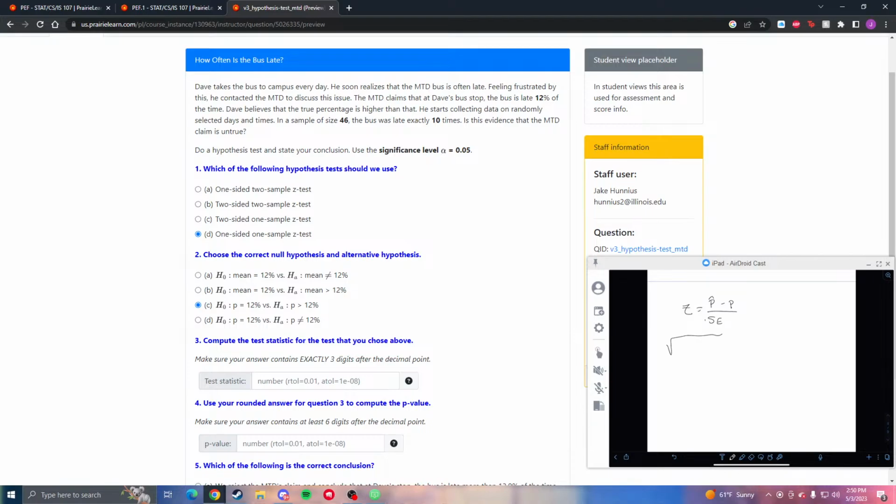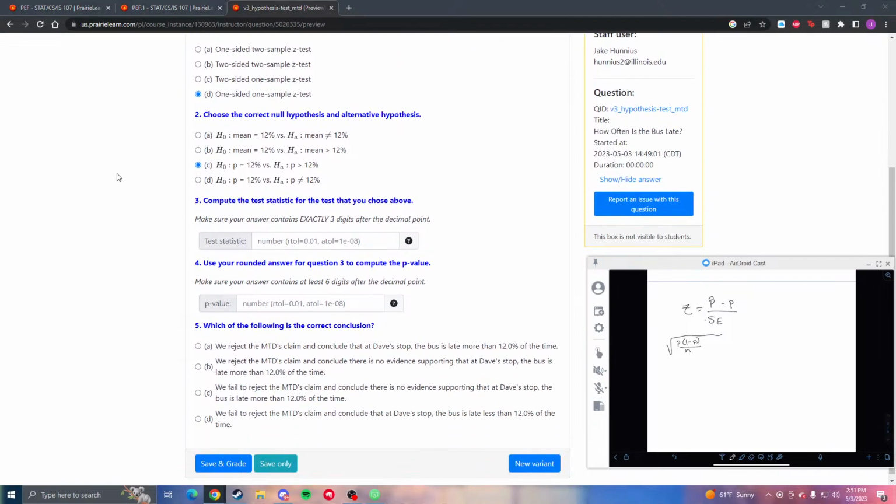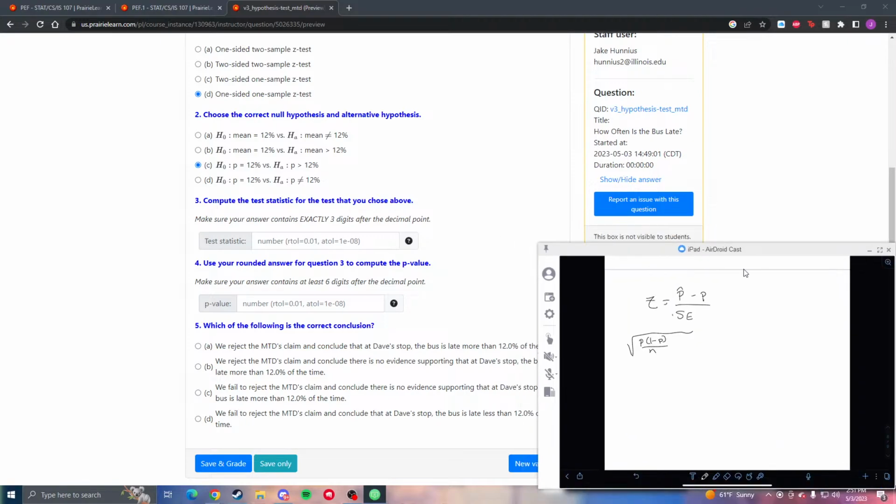Our standard error takes on the form of p times 1 minus p over n, and then you square root that. So that's how you calculate the Z. I'm going to see if I can make this a little bigger so you can see the writing.